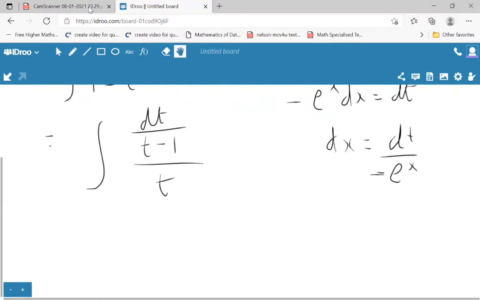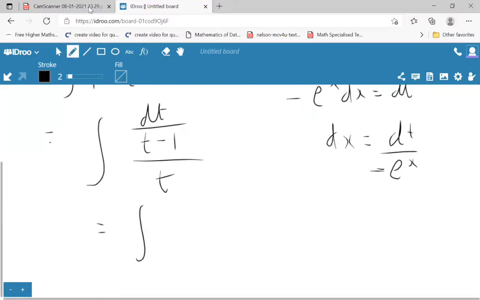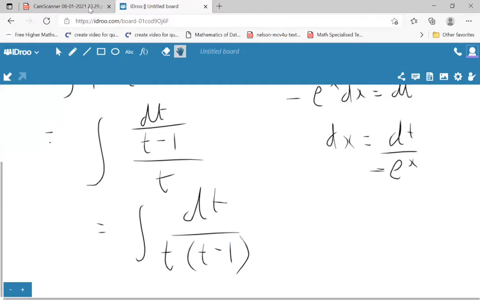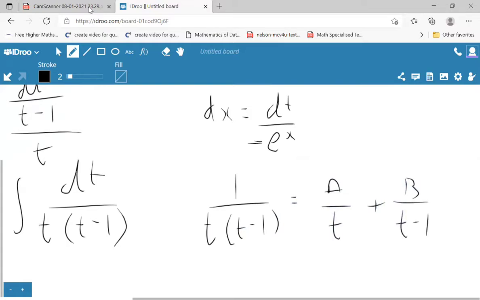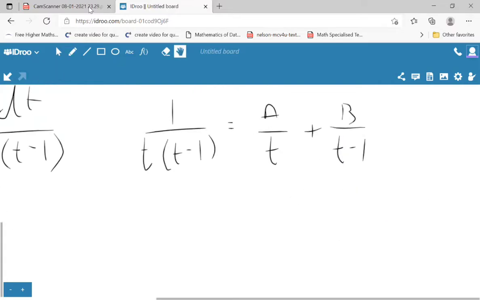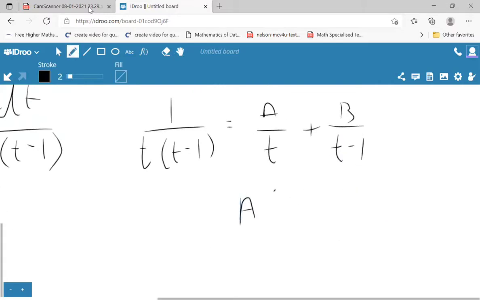Now this can be written as integration of dt by t into t minus 1. Now let us resolve this into partial fractions. So 1 by t into t minus 1 is equal to a by t plus b by t minus 1, or a into t minus 1 plus b into t is equal to 1.